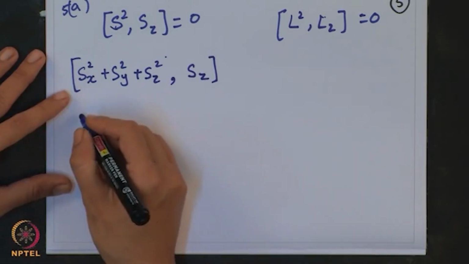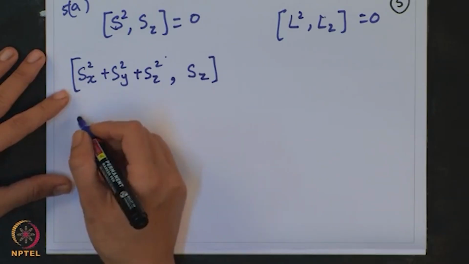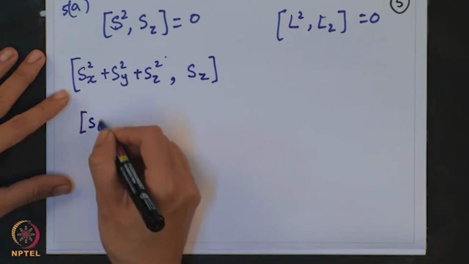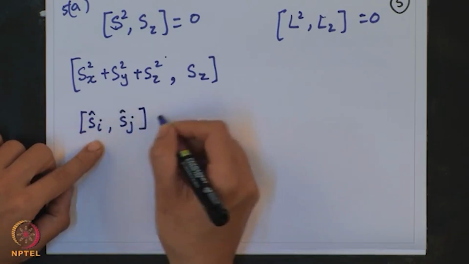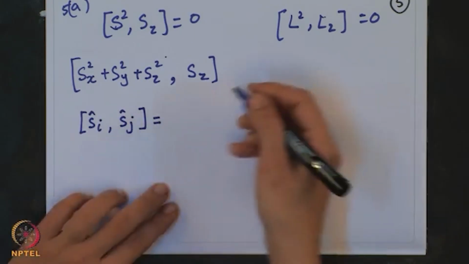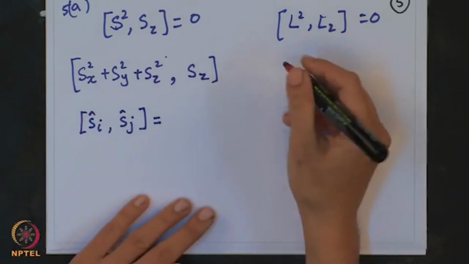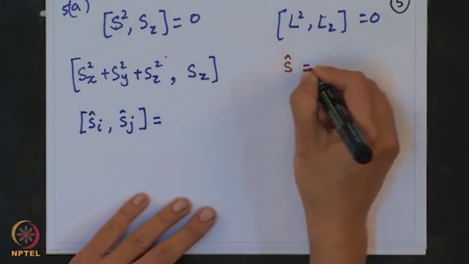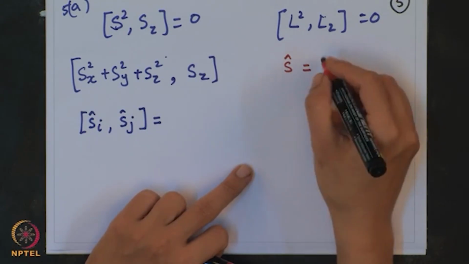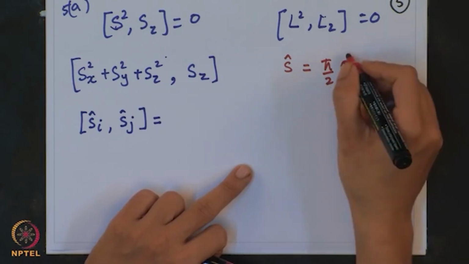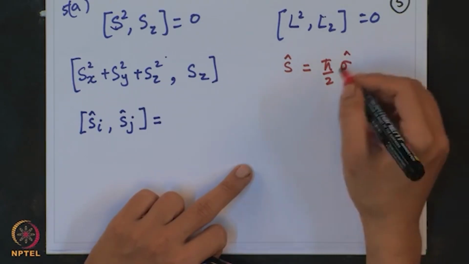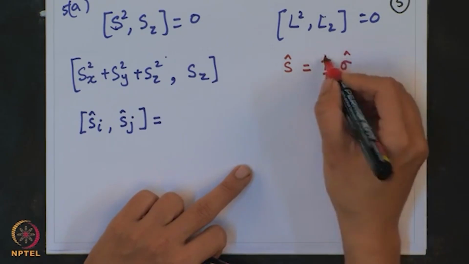So, you have seen already, and in general also you have Si, Sj. Just recollect that the spin operator can be written in terms of Pauli matrices, which we have discussed already, or you might have seen in the class at least once.